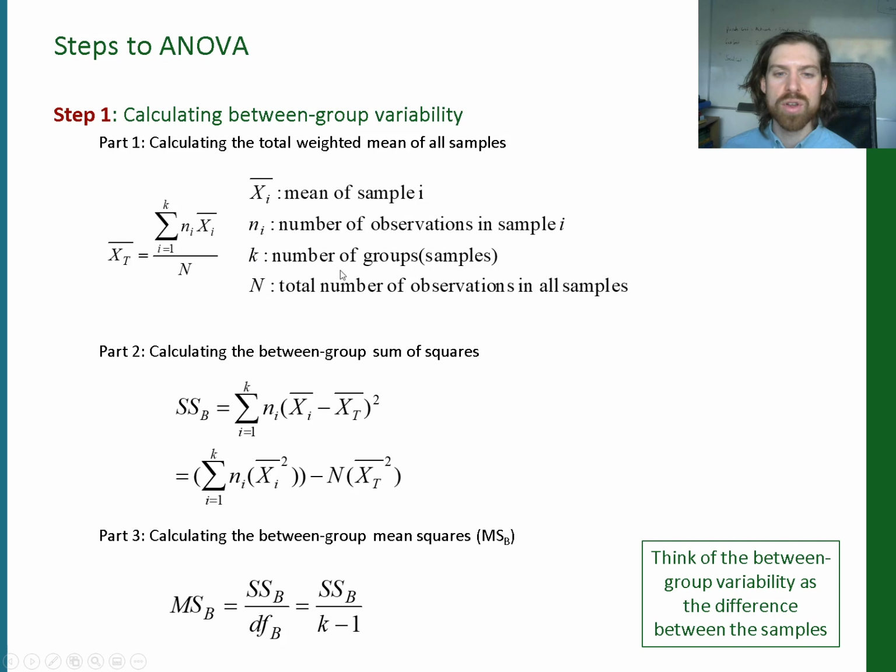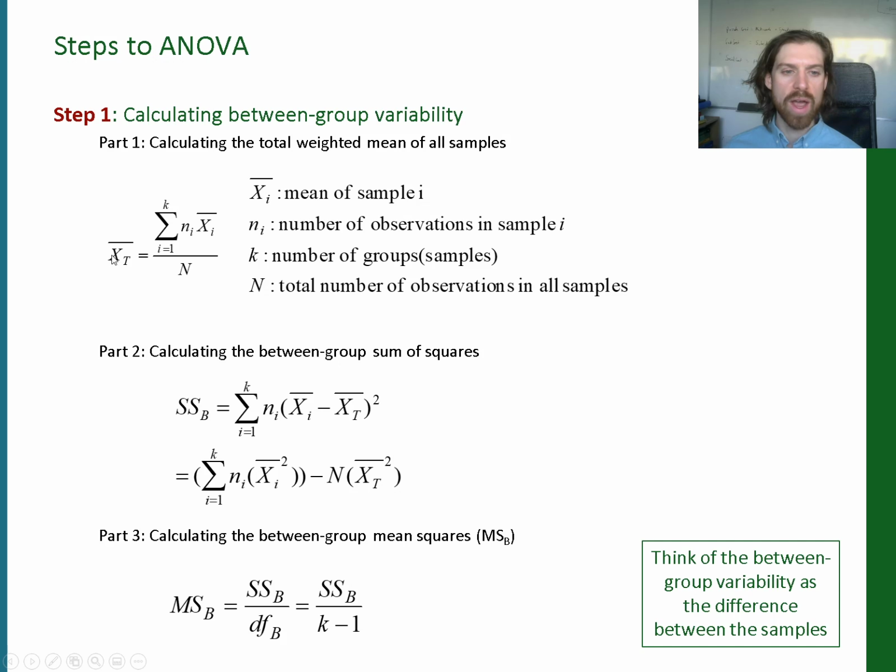Then we have the number of groups, the number of samples overall, and the total number of observations in all of the samples. We get x bar t by following this equation, calculating the numerator and then dividing by the denominator.